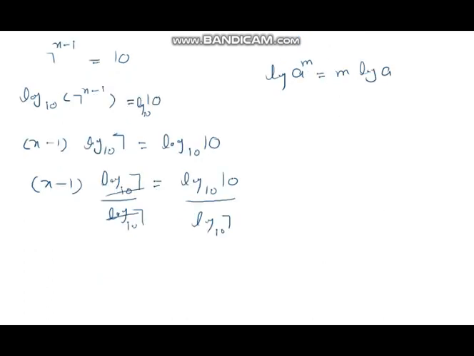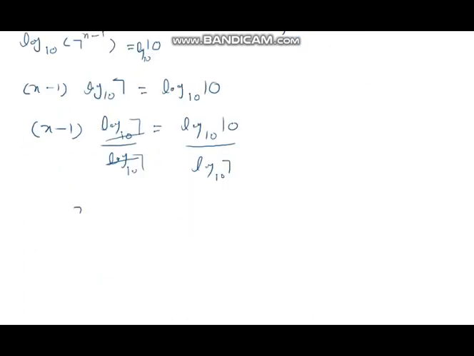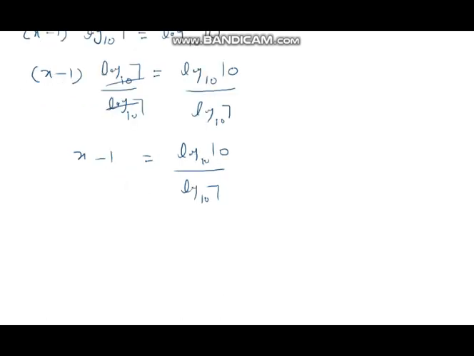These are cancelled. We have x minus 1 is equal to log base 10 of 10 over log base 10 of 7. We need x, so x is equal to 1 plus, by adding 1 on both sides, log base 10 of 10 over log base 10 of 7.